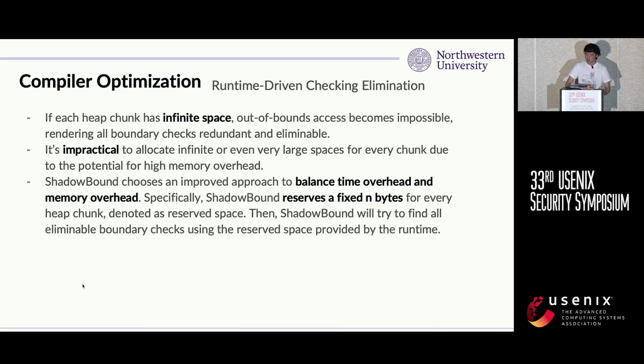However, it is impractical to allocate infinite or even very large space for every chunk due to the potential high memory overhead. So ShadowBound chooses an approach to balance the time overhead and memory overhead. Specifically, ShadowBound only reserves a fixed n bytes for every heap chunk, denoted as the reserved space. Then ShadowBound will try to find all eliminable boundary checks using the reserved space provided by the runtime.